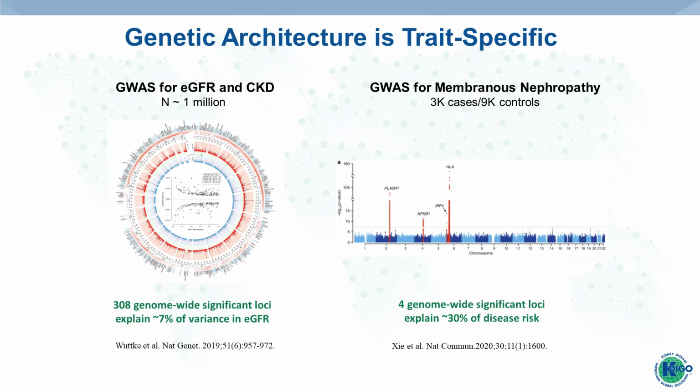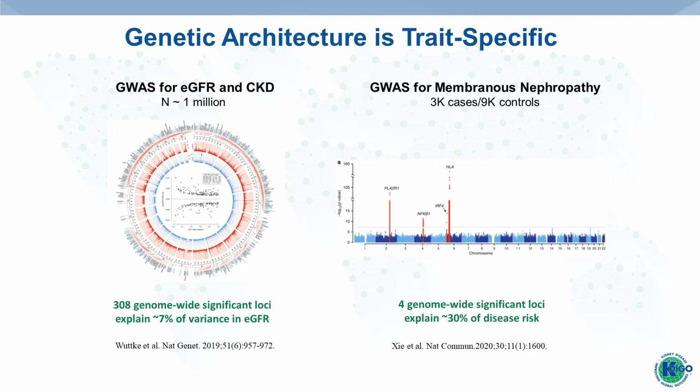This is Matthias Wuttke's study from 2019 from Nature Genetics, depicting that, in this very large collection of over 1 million individuals, there are multiple genome-wide significant loci being discovered. But overall, the variance explained in the estimated glomerular filtration rate is relatively low. So individually, these loci provide relatively small prediction of renal function and CKD risk.